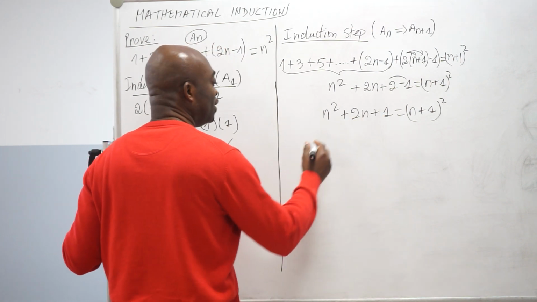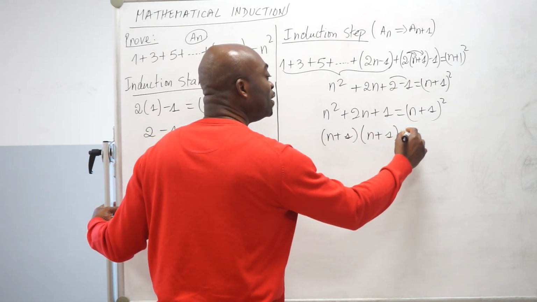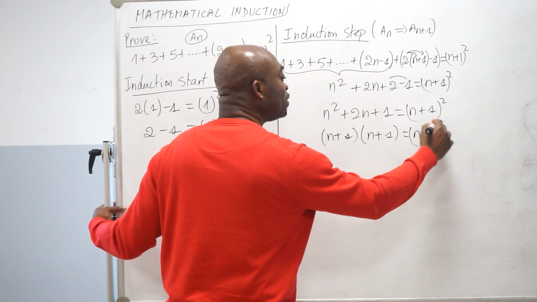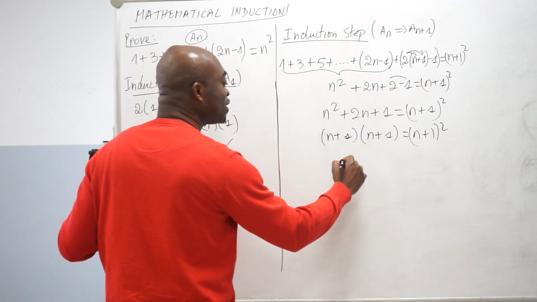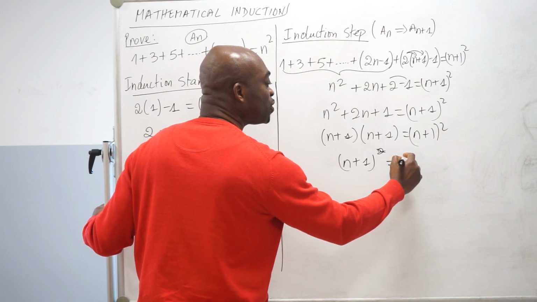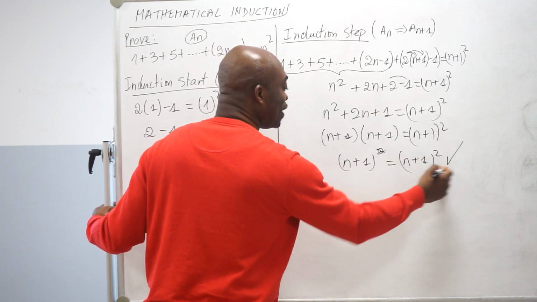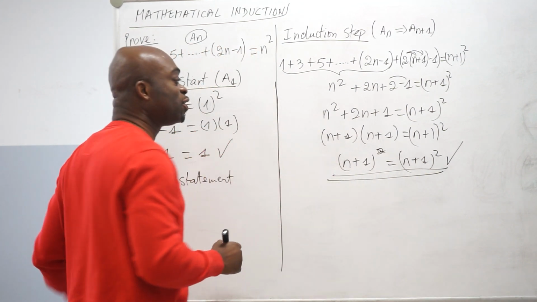That is 1. So that is n plus 1 times n plus 1, which is equal to n plus 1 squared, right? So this one also has been proven to be true.